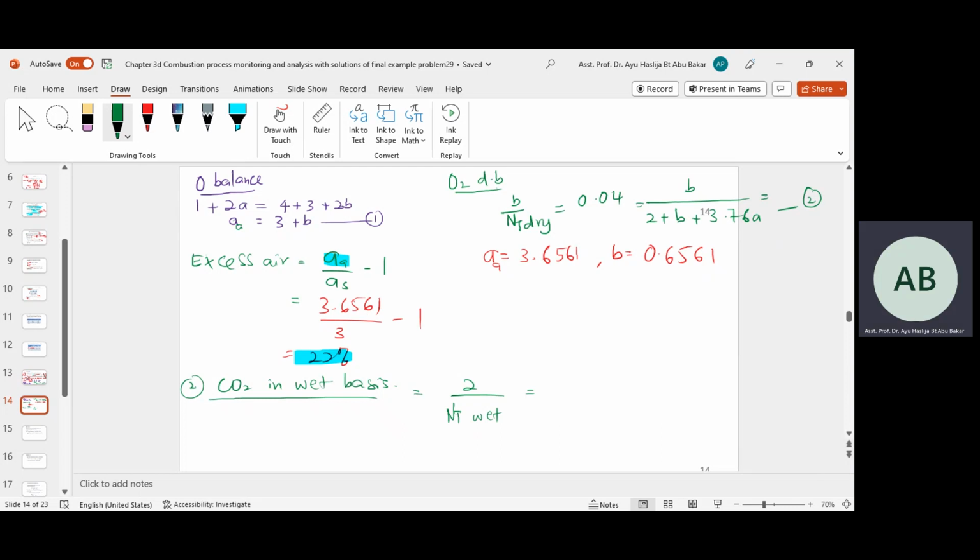So what do you get for CO2 in wet basis? 0.102. Okay, roughly 0.1.